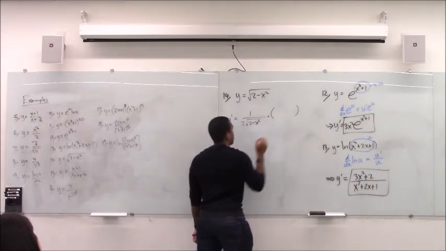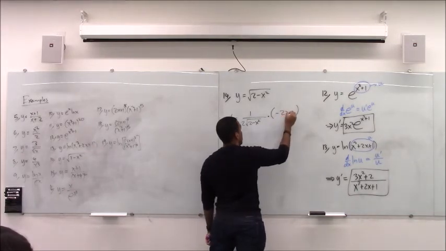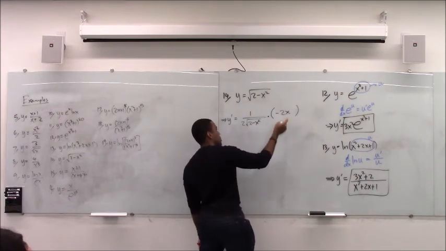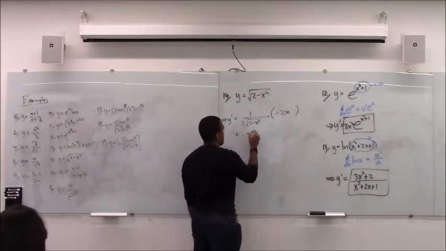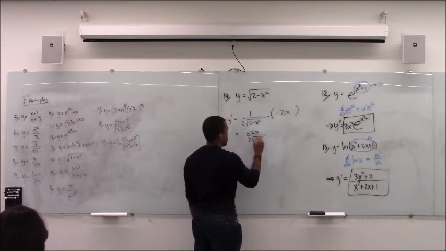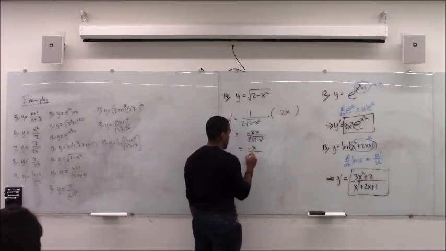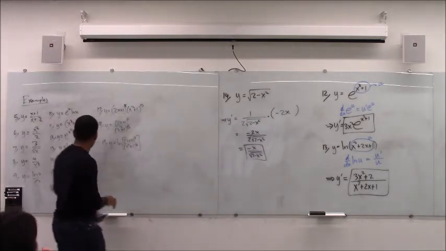The derivative of the 2 is 0, the derivative of the minus x squared is minus 2x. So this one is pretty much minus 2x over 2 radical 2 minus x squared. So that's that.